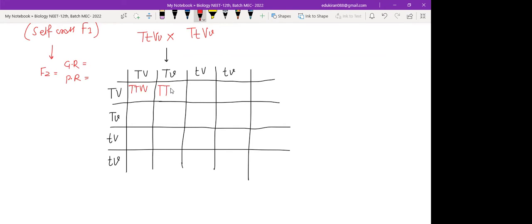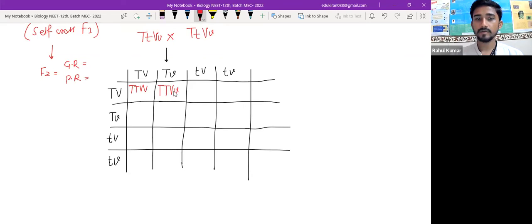Yes. This will be capital T, capital T, capital V, small v, then capital T, small t, capital V, capital V, then capital T, small t, capital V, small v.